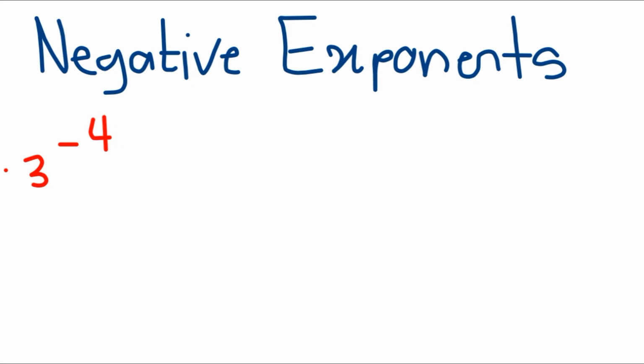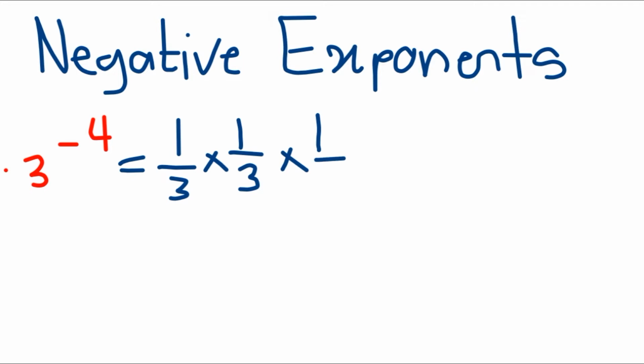So that will be 1 over 3 times 1 over 3 times 1 over 3 times 1 over 3. 3 will go into 1 how many times? 1, 2, 3, 4. So it will go 4 times, as shown by the index here.